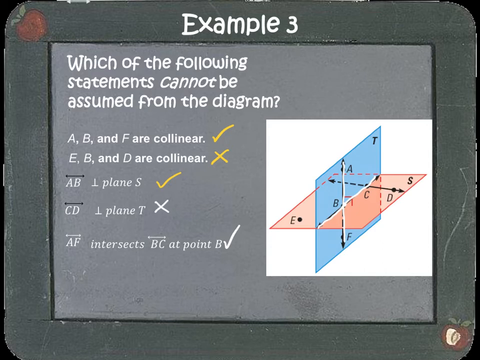So we can't assume this one because there is no line drawn connecting the points. So we can't assume that they're collinear, even though it looks like they are. And then the other one, there's no right angle mark for this one, so we cannot tell for sure if it's perpendicular. Everybody good on example 3?